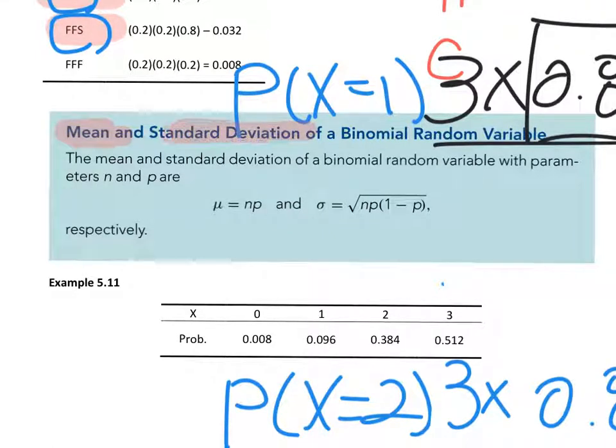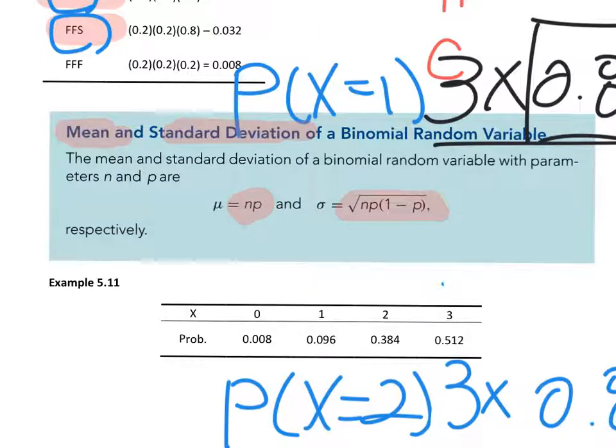Before, we applied the 6 steps to get the standard deviation. But for the binomial setting, we don't have to apply the 6 steps. Simply n times p: who is the n again? The number of independent trials times the probability of success. Simply, it will be the mean. The standard deviation will be simply the square root of n times p times 1 minus p. We don't have to apply the 6 steps.